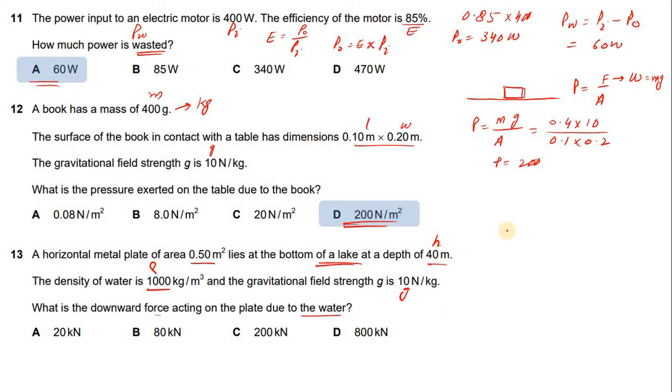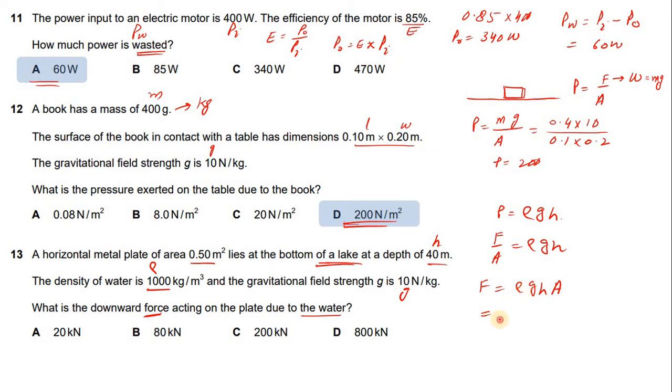You know that pressure of the liquid P is rho G H, and we need to find force. Pressure is force upon area, so making F the subject, F is equal to rho G H times area.